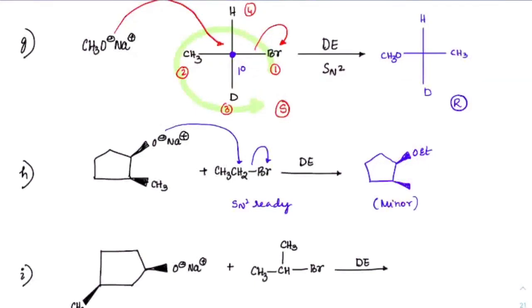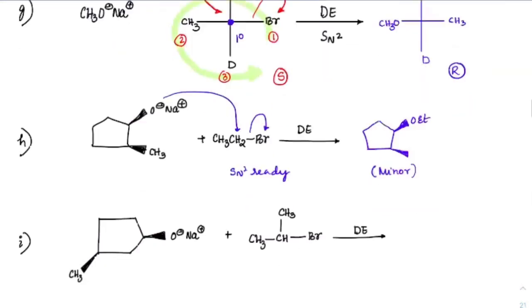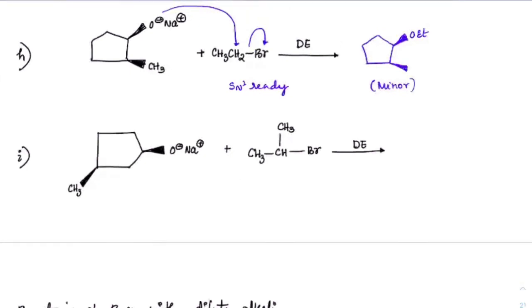Next. As of now, just focus on the SN2 products. If the question is asked like how many products are forming, or which is the major product, then we can discuss that. Check this last one.